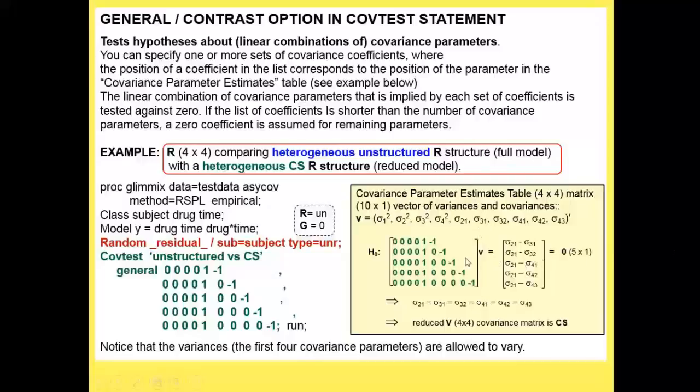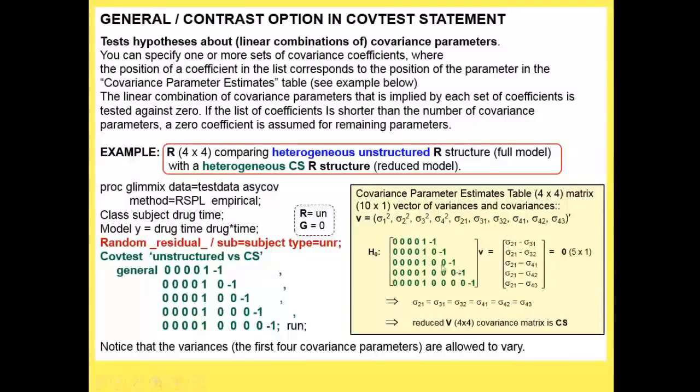So this row winds up being sigma 2,1 minus sigma 3,1. And the second row is sigma 2,1 minus the third one down, which is sigma 3,2.